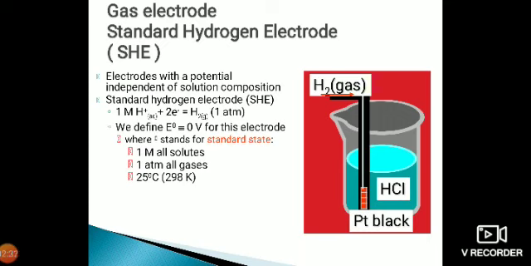A gas is bubbled slowly at constant pressure on the surface of an inert metal or platinum black. The electrode is dipped in a solution of known concentration of the ions capable of being oxidized or reduced to the gas reversibly. It can be symbolically represented as SHE, standard hydrogen electrode, or it can also be called NHE, that is normal hydrogen electrode.